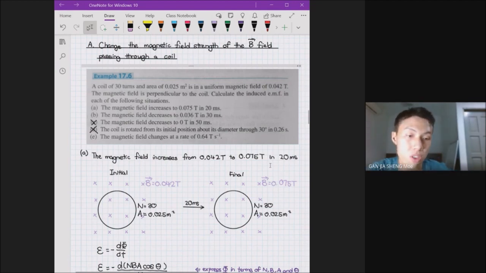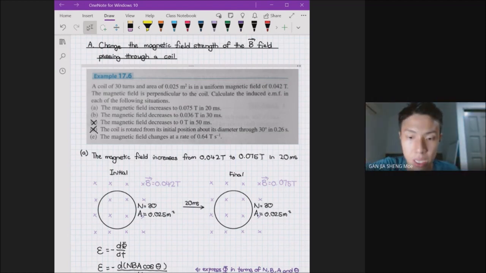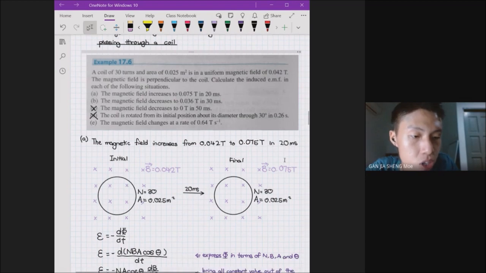You change your magnetic field from 0.042 Tesla to 0.075 Tesla, and it all happens within 20 milliseconds.